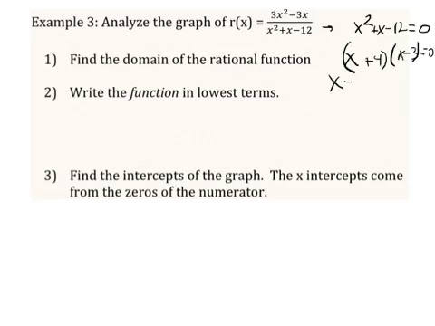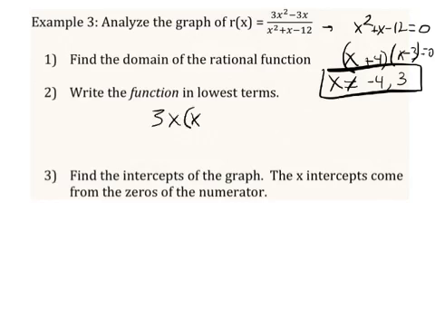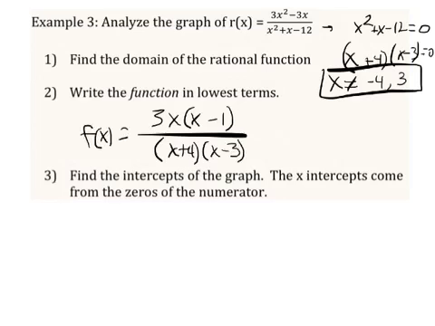So then x can't equal negative 4 or 3 for a domain. Our function in lowest terms, the numerator factored completely would be 3x times (x minus 1). And down below we had (x plus 4)(x minus 3). Alright, so there's our function in lowest terms.